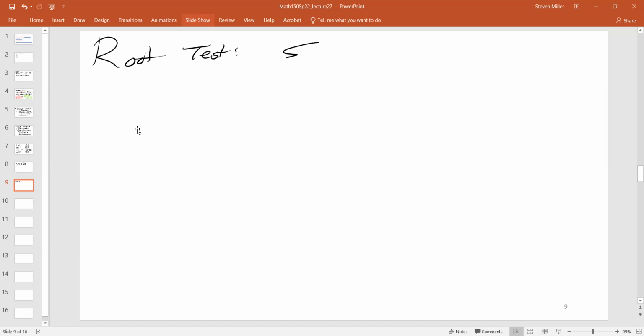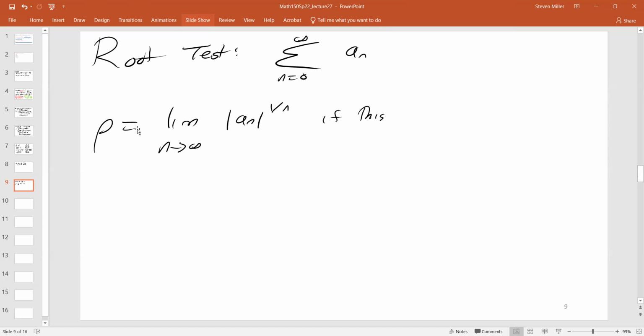And so you will have the sum, n goes from 0 to infinity, of a_n, and let rho equal the limit as n goes to infinity of the absolute value of a_n to the 1 over n. And if this is less than 1, it converges; greater than 1, it diverges; equals 1, no information.